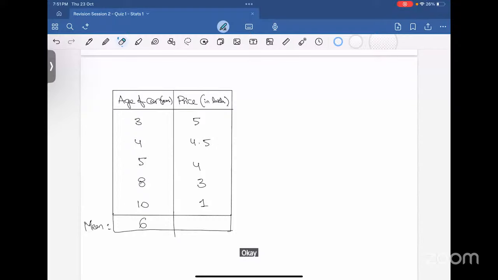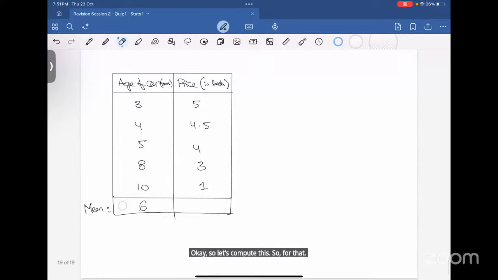So let's compute this. For that, we need the mean, which is x bar, and we'll also compute y bar.